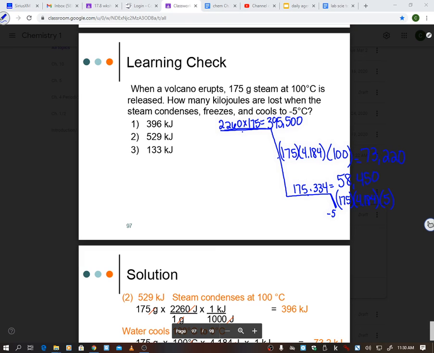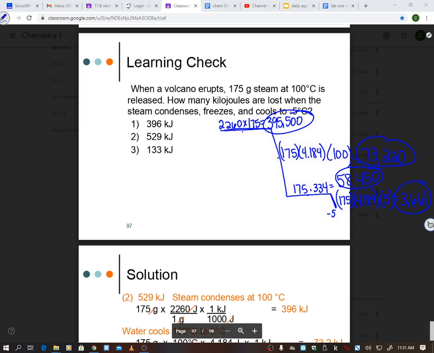And then lastly, I have 175 times 4.184 times 5. Even though it's a -5, the temperature change is 5. So that's 3,661. Now you are going to add all of these numbers up.